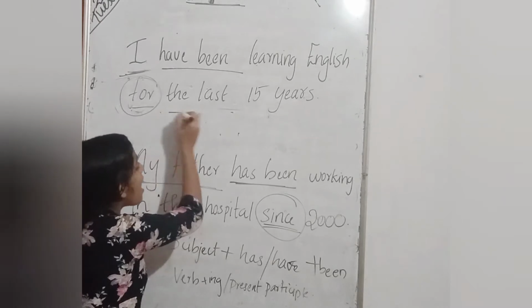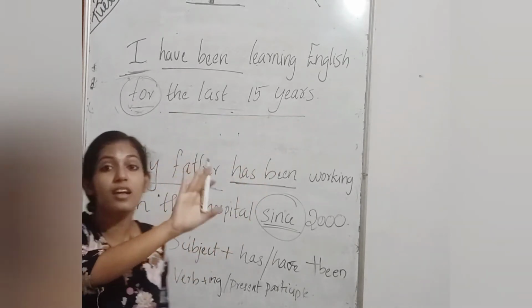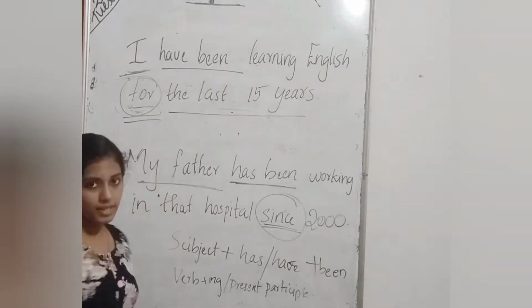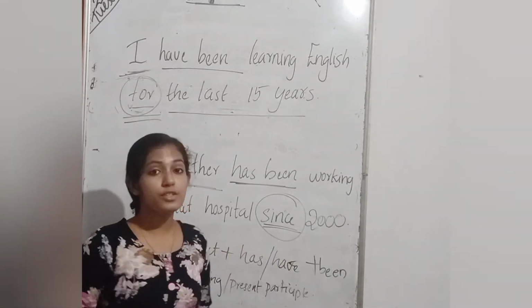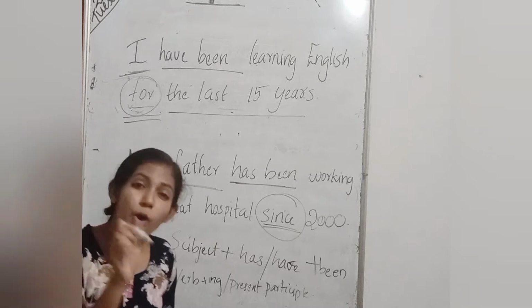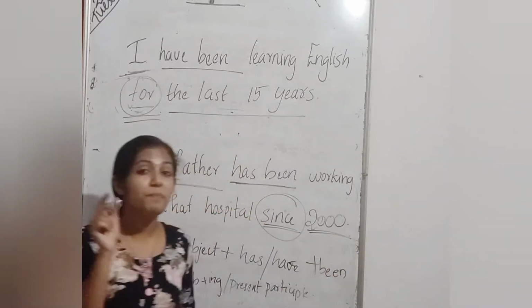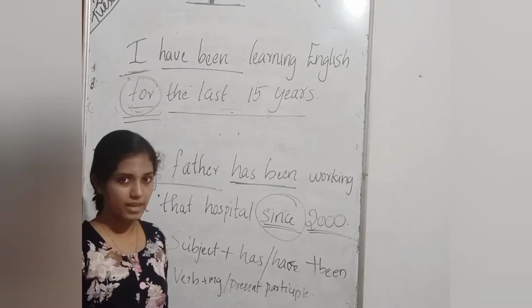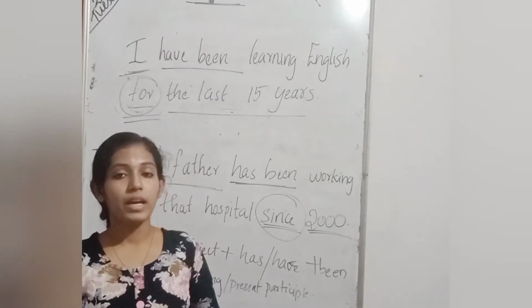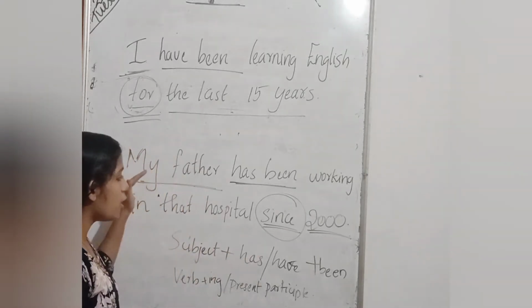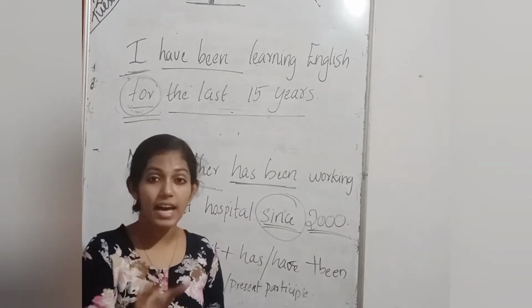Here, for the last 15 years, it is a long period of time. So, we use for here. Since is used to show a particular point of time. Here, we use 2000. It is a particular point of time. So, in present perfect continuous tense, we are using since and for to show time.